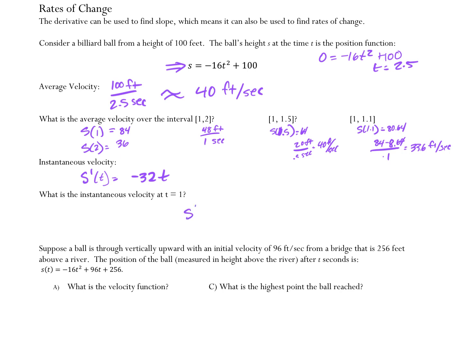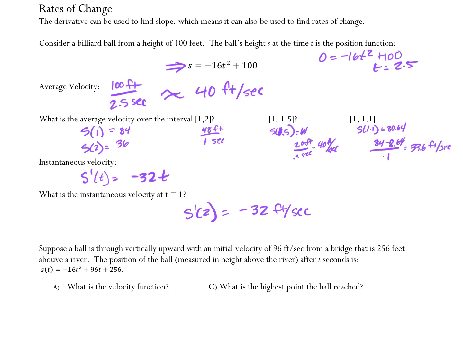Negative 32 feet per second. Looking at our average velocities as we get closer and closer, does that feel good to say 32? As I look at what's happening to my velocity as I get closer to 1 second, it is approaching 32.